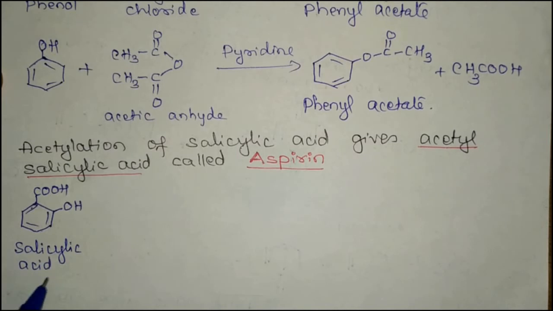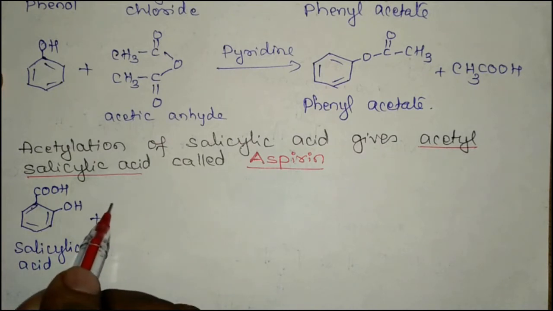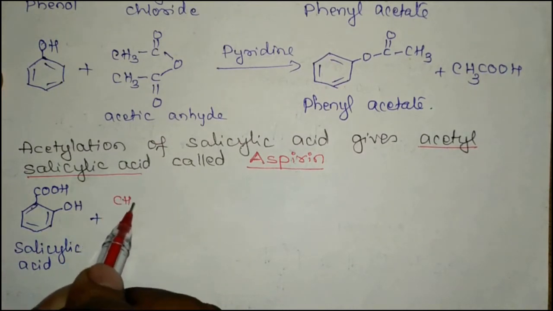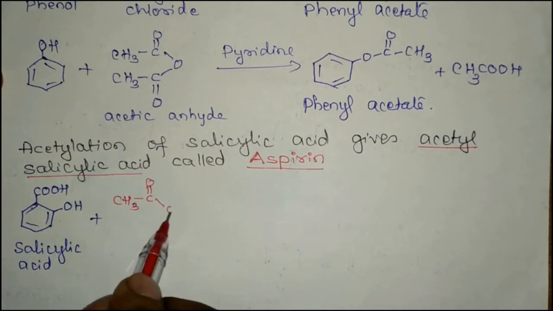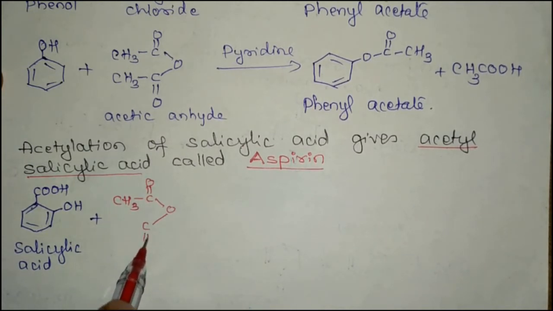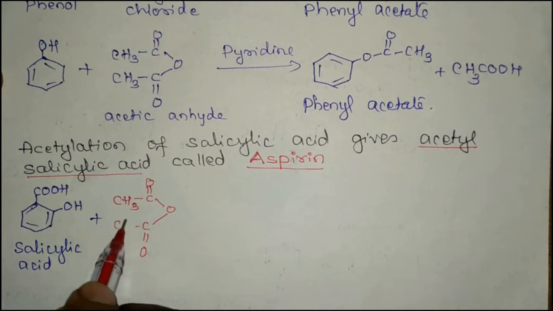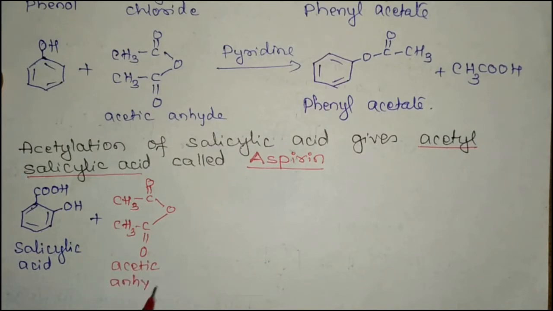Salicylic acid is treated with acetic anhydride, CH3COOC(=O)CH3. This is acetic anhydride.